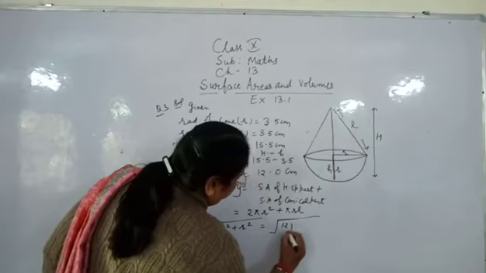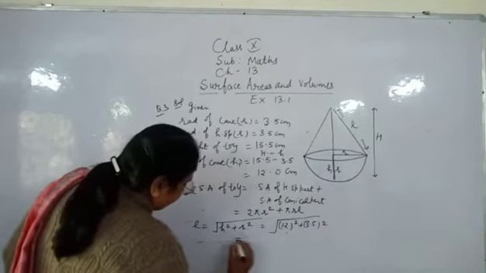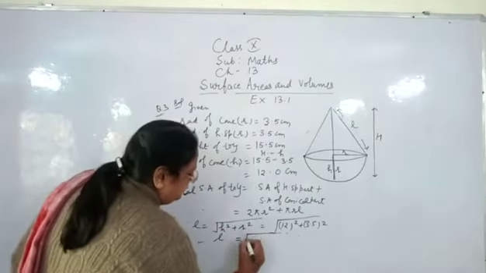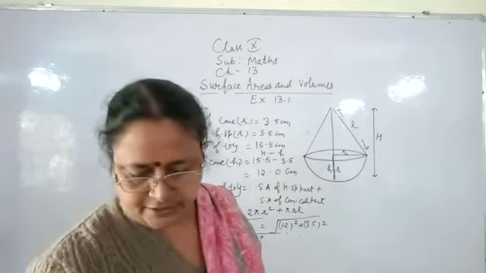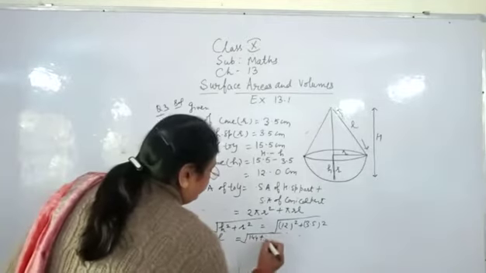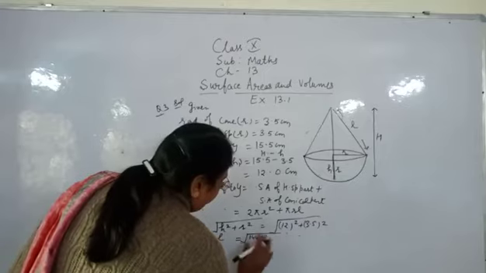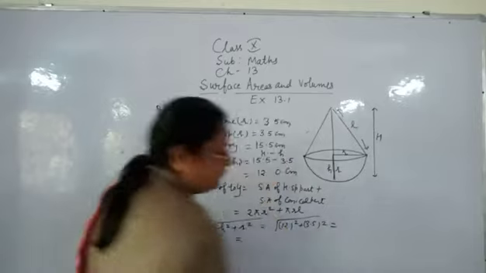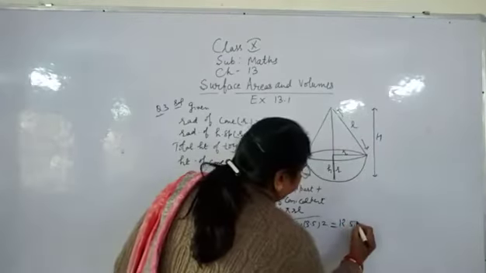It is 12 square plus 3.5 square. So l is equal to, 12 square is 144. You can take the square of 35 and put the decimal, or you can write 7 by 2 square. If you solve it, you will get 12.5 centimeter.